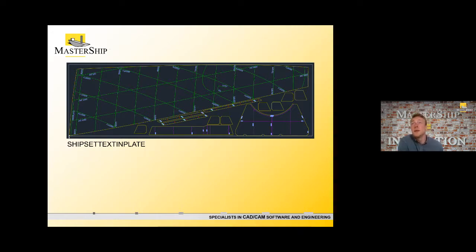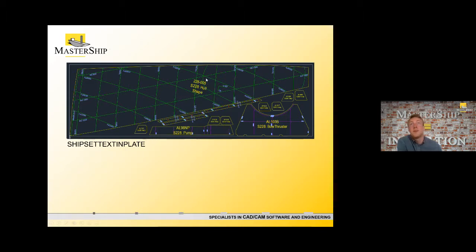So what we do, we have a command called ship set text in plate. And if you use it, then you get, in yellow in this case, the information that we need. So let's look at this part. Here we get the part ID, including the frame number, so 103. So that's the first thing of logistic information.